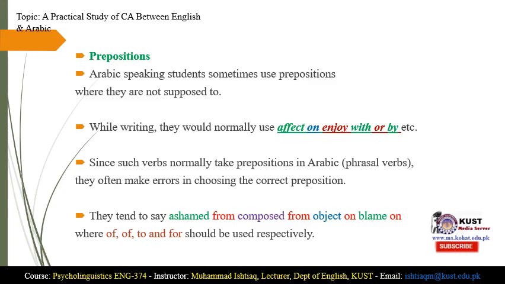Not only do they use prepositions with words where they are not needed, but sometimes they use the wrong preposition. For instance, instead of from, they use of. Instead of on, they should use to. Instead of on, they should use for. So there are other mistakes as well, which come from interference of the native language.